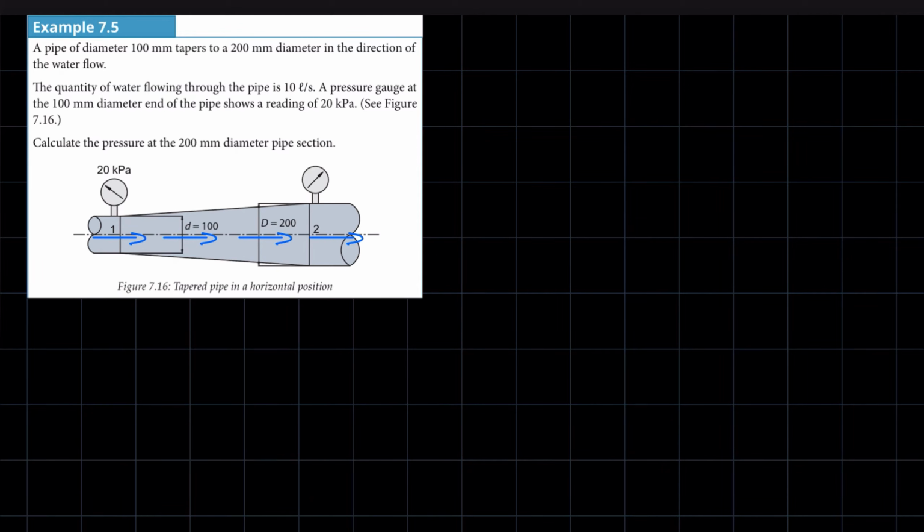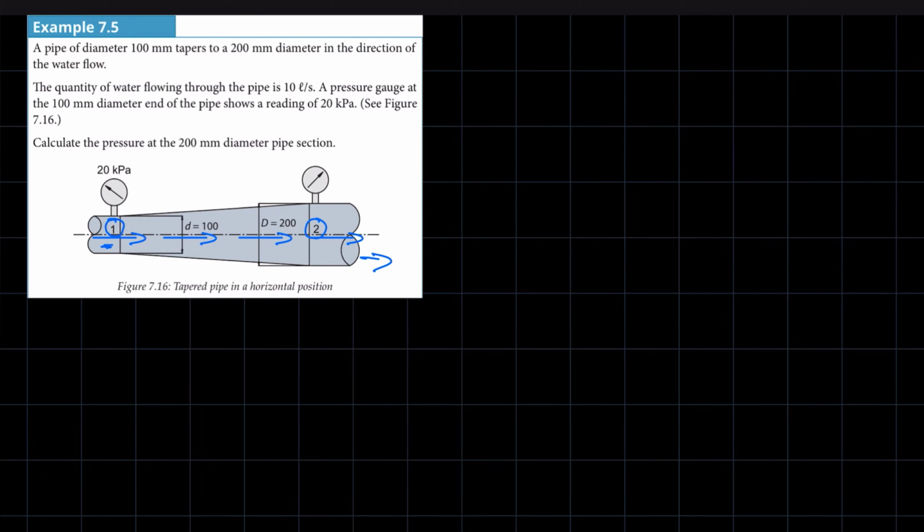Since we've established the direction of the water, this side of the pipe is where the water enters, hence it will be point 1. The water goes in this direction, hence this side of the pipe is called point 2.